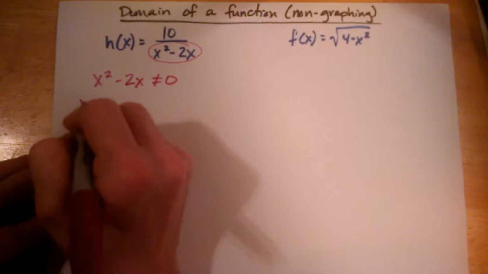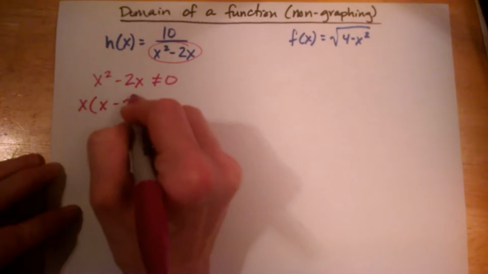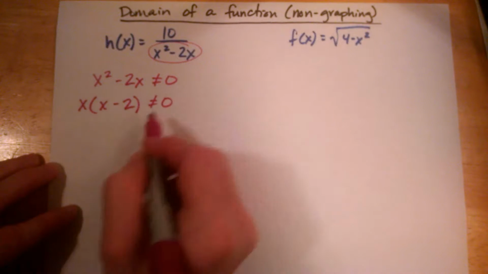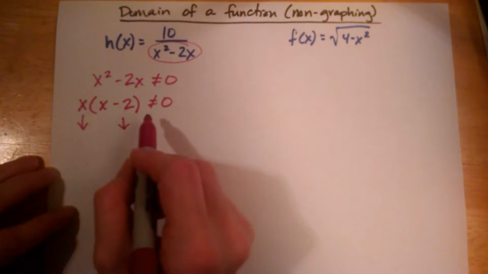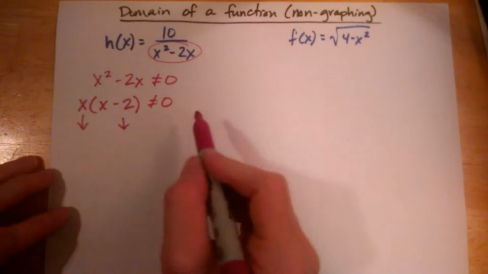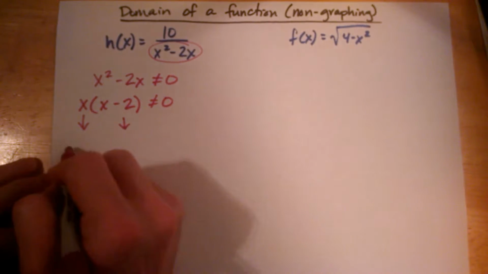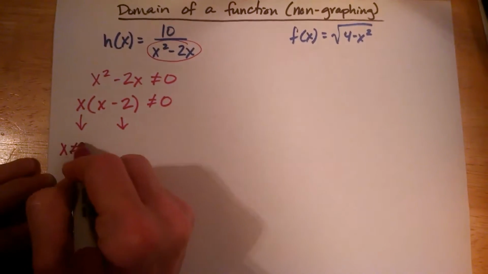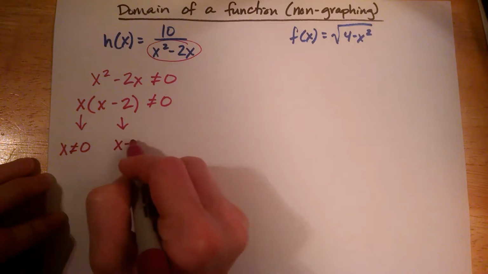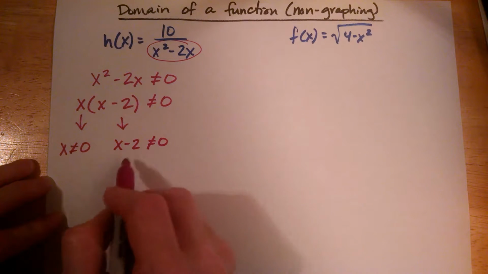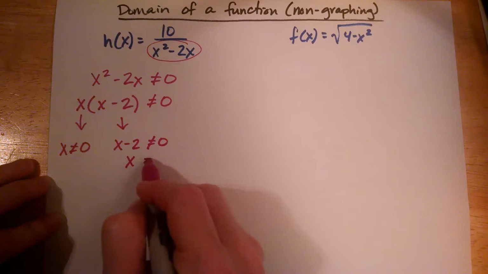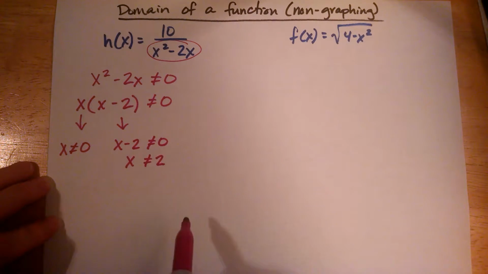So I'm going to bring out an x and then an x minus 2, and it can't equal 0. So I'm going to separate these as if I was solving for x, only I'm going to set it to not equal 0. So I've got x cannot equal 0, and x minus 2 cannot equal 0. Just treat it as an equal sign, and then x cannot equal positive 2 if we move the 2 over there.